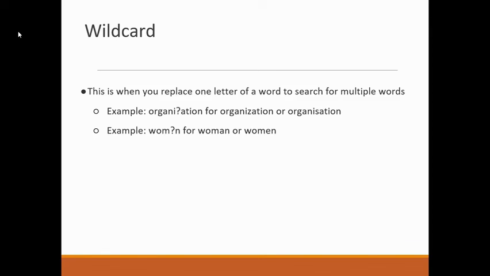In the second example, we're searching two different words, but related words that have one letter difference in the spelling. So if you wanted to search for information on woman or women, you can put a question mark where the A and the E are, and it will search for both of those words.